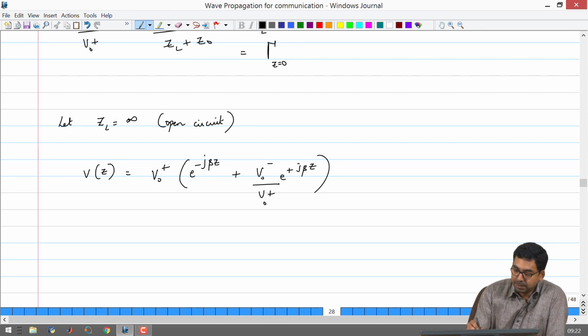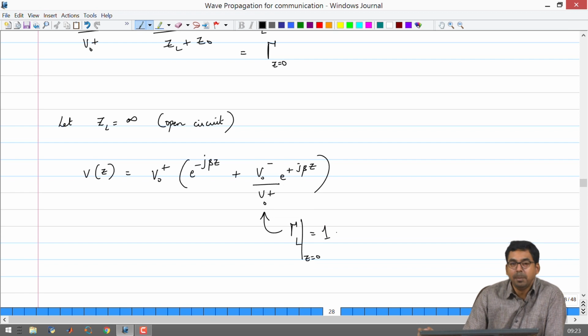I have written it in this form so that I can substitute V naught minus divided by V naught plus as gamma L. When it is open circuited, the reflection coefficient is going to be equal to 1. So I can just substitute 1 for the reflection coefficient and I end up getting V naught plus times e to the minus j beta z plus e to the plus j beta z.